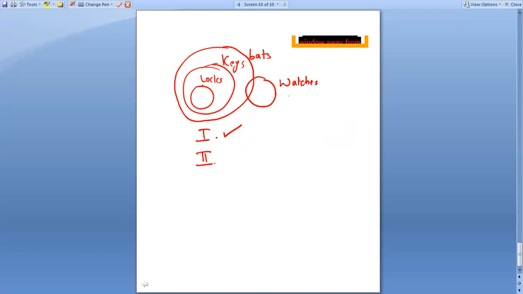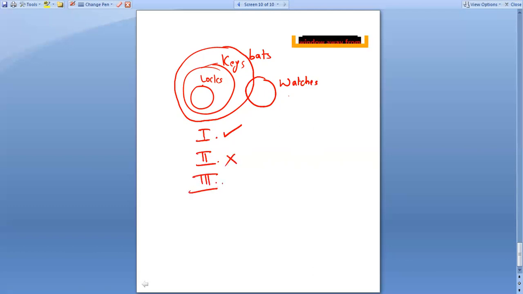Next, conclusion 2, some watches are keys. Watches and bats are connected, but watches and keys are not connected. Yes, the set of keys is contained in the set of bats, but keys and watches are not connected. So conclusion 2 doesn't follow.